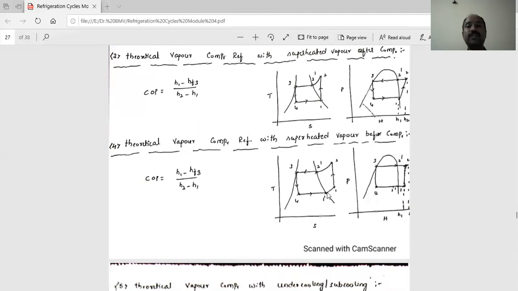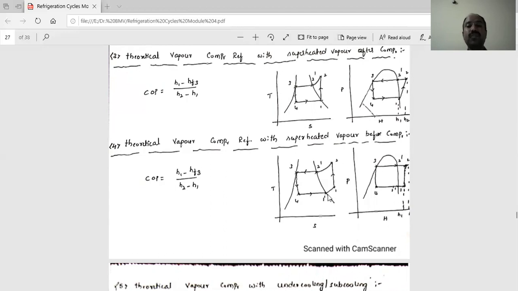Before compression, the refrigerant is already superheated. Then 1 dash becomes 1; it is beyond the curve. At that stage it should already be superheated. Then 1 to 2 becomes superheated vapor. Like that only you should draw it here: 1 dash to 1, 2 dash to 2.